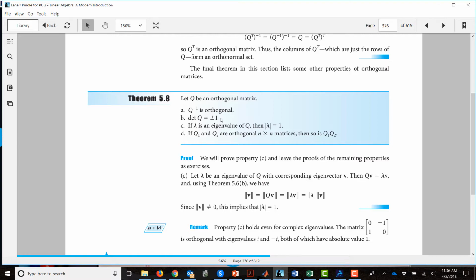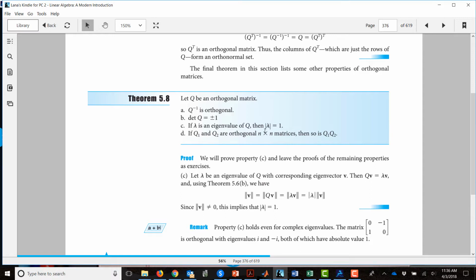Notice the next statement. If lambda is an eigenvalue, how do you read that second part? Yeah, the absolute value of lambda is 1. So where are all the eigenvalues for an orthogonal matrix? They're all on the unit circle.